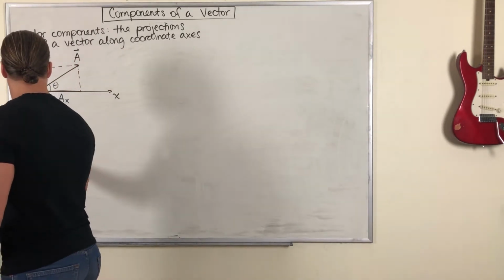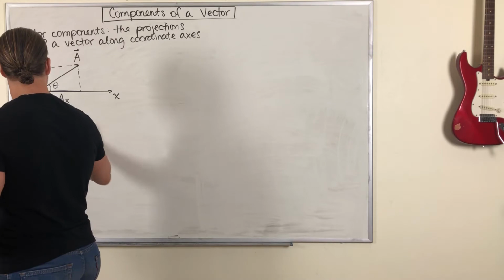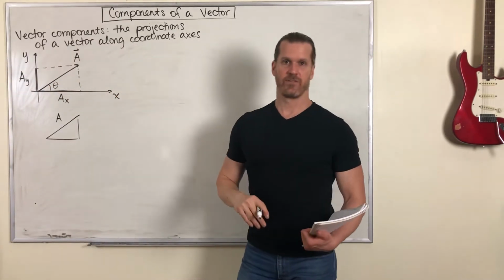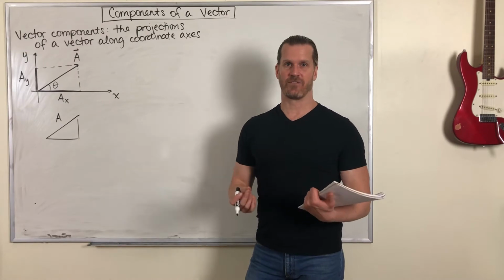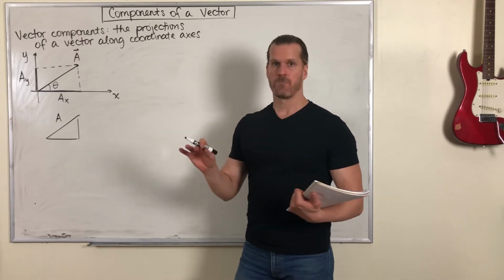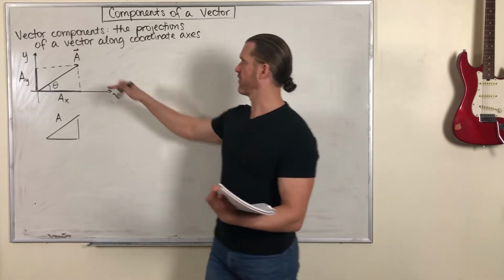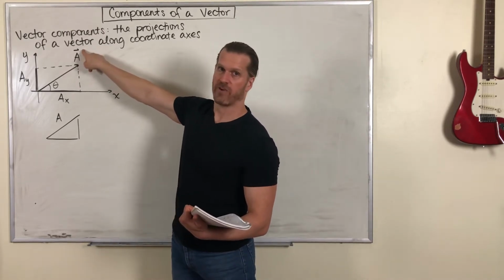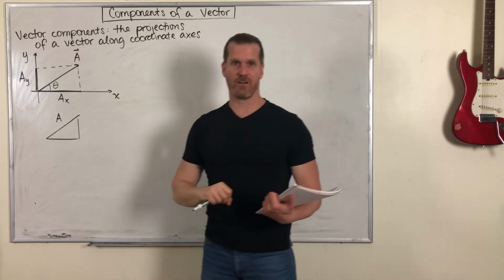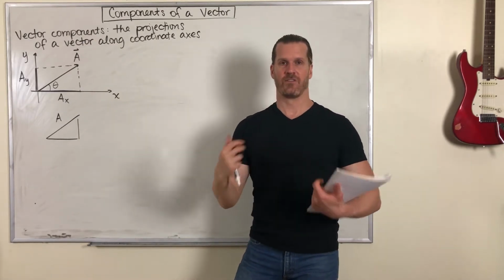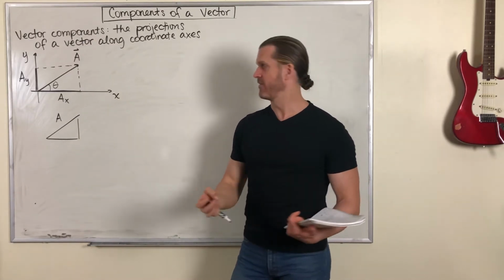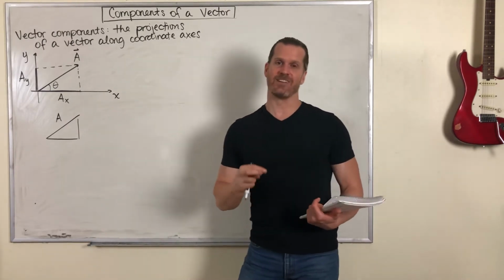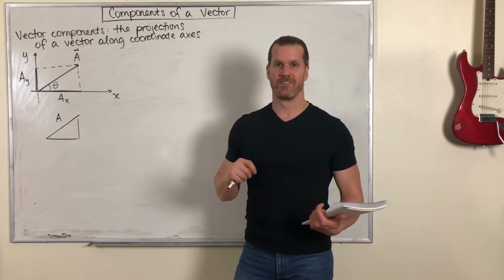So I'll just draw this as a right triangle now instead. There's the hypotenuse with A, the length of the vector. By the way, when we label a vector, we write the symbol with an arrow on top. If we get rid of the arrow, that just means the length or the magnitude of that vector. So I'm using A without an arrow to indicate this is the length of the hypotenuse.